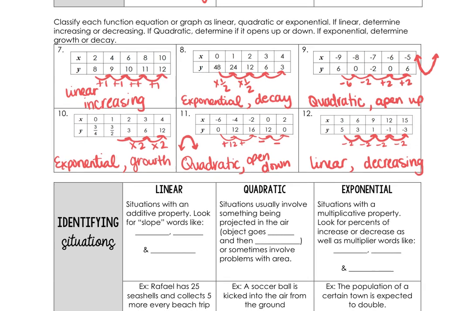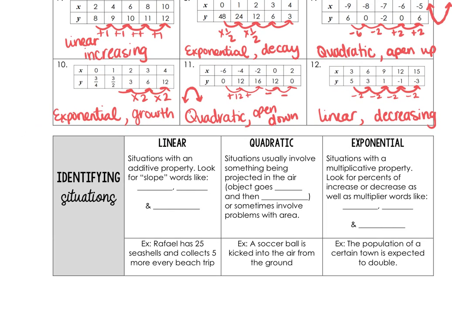All right, the last thing we are going to look at today is from situations. How can we identify if it is linear or quadratic or exponential? So with linear functions, these situations are going to have an additive property. And you need to look for words that would mean like a slope or a constant rate of change, because that's how a linear function is.